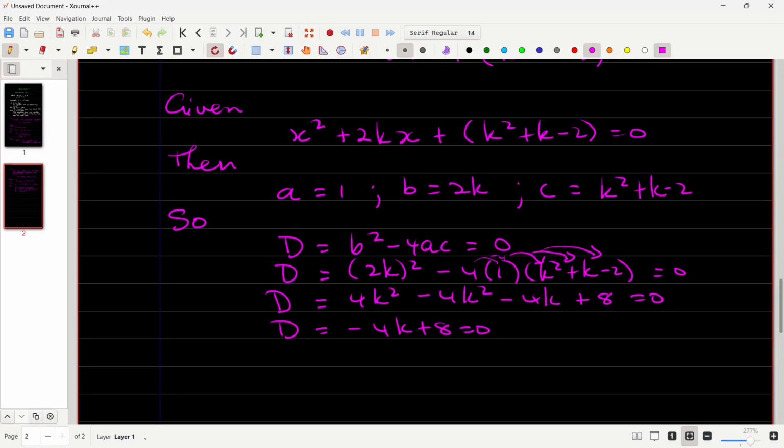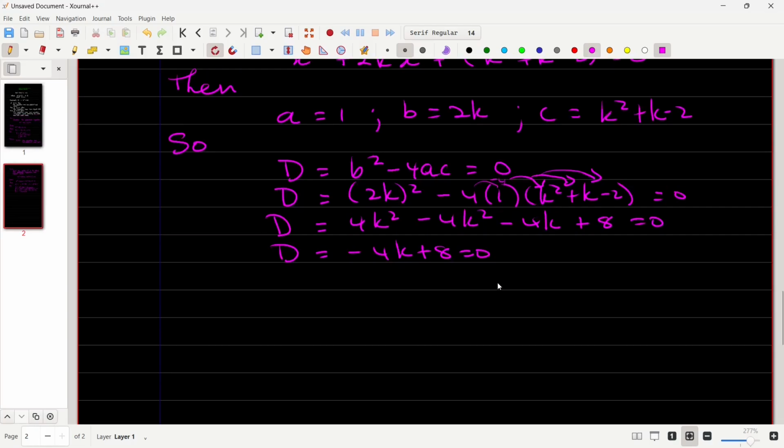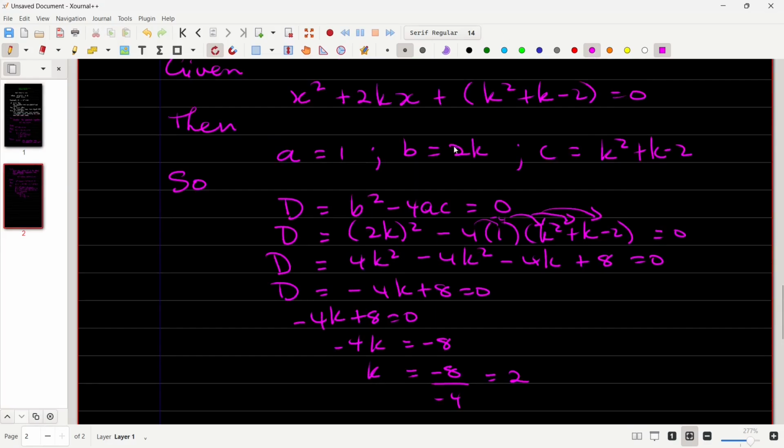Now we need to solve for k. We know that this is equal to this, which is equal to this. So we're just going to take this section here, and we're going to say minus 4k plus 8 equals 0. Minus 4k is equal to minus 8. K would be equal to minus 8 divided by minus 4, which is simply 2. So right away we're seeing that k is equal to 2.